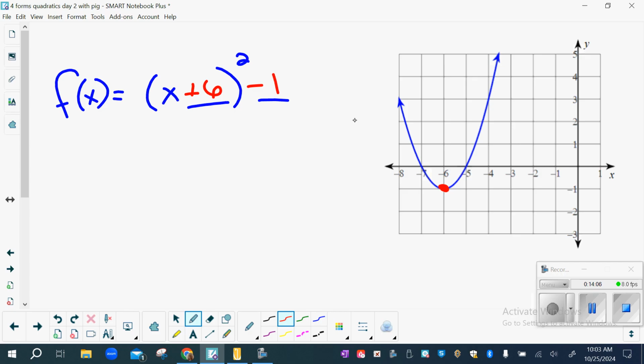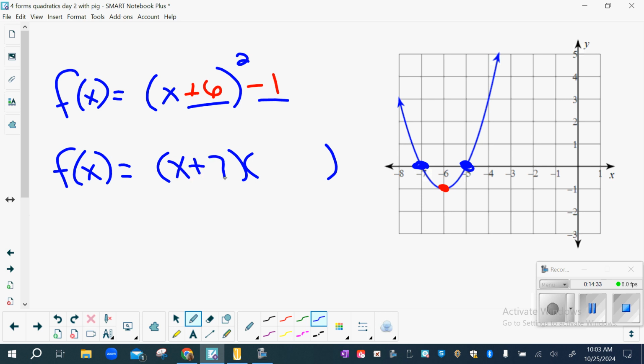Guess what? Is vertex form done? Yes. Now, a lot of you are going to think, oh, do I have to do all that stuff that you did before the claw? No. Watch what happens for factored form. Oh my God, I love factored form. Where are the factors on that graph? They're right here and right here. And they're going to go in as -7 and -5. They're going to flip.